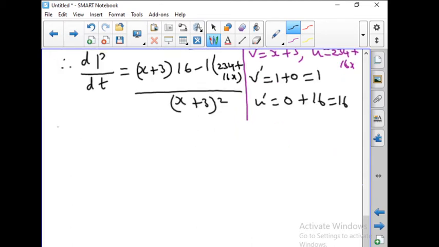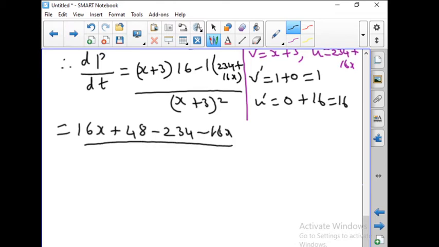Now carry 16 inside: 16x plus 16 into 3 is 48, minus 234 minus 16x, by x plus 3 the whole square, and also into dx by dt.